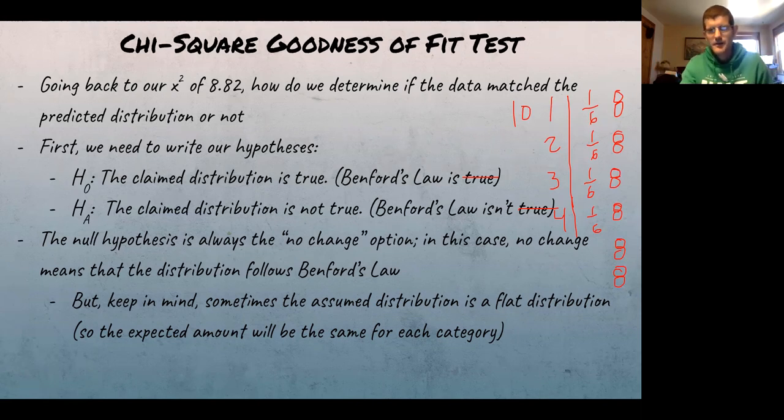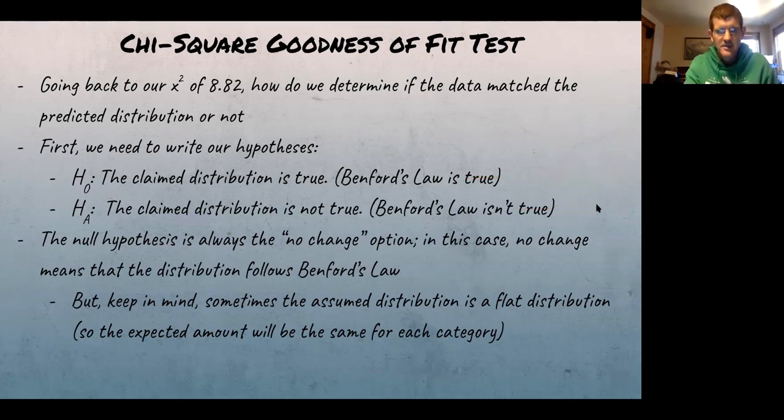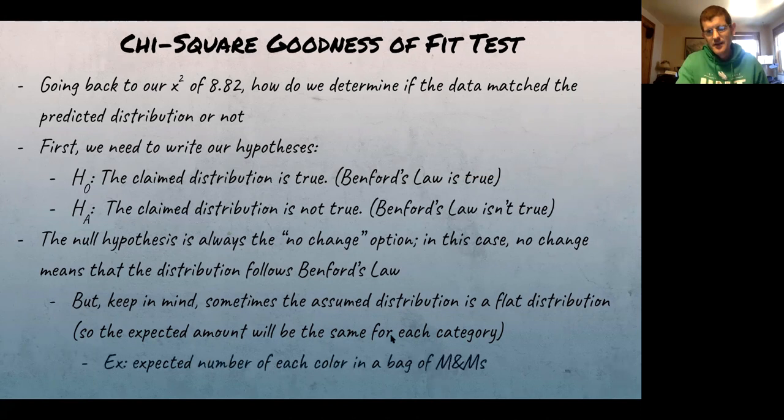Think about it, and if it doesn't make sense, you can flag that idea. You have to base that on your different problems, and I will give you a little bit of an example of that at the end of class before we leave. Another example of this would be the expected number of each color in a bag of M&Ms. I would initially assume that all colors are equally represented. So I might test that theory.